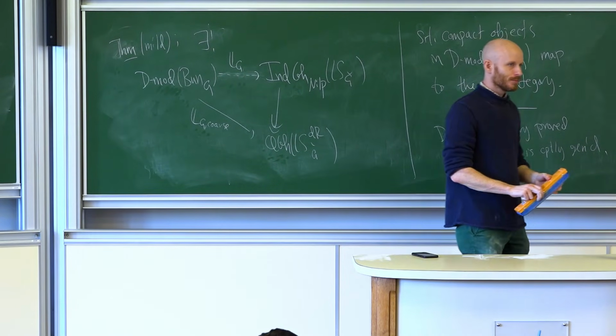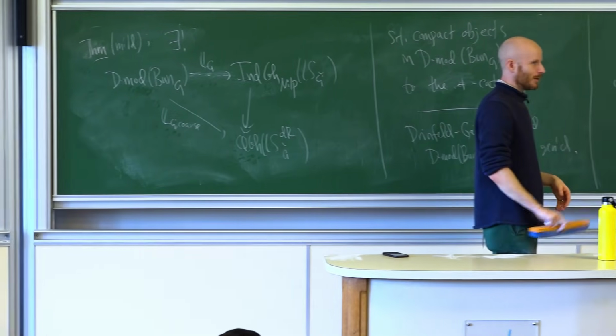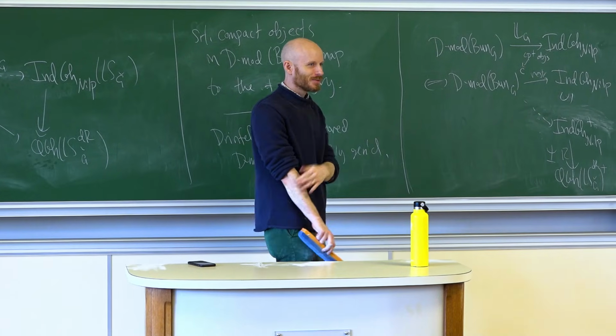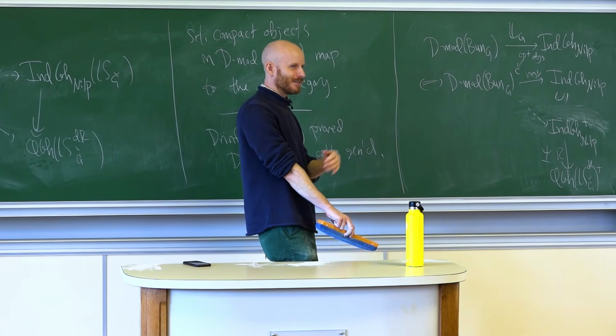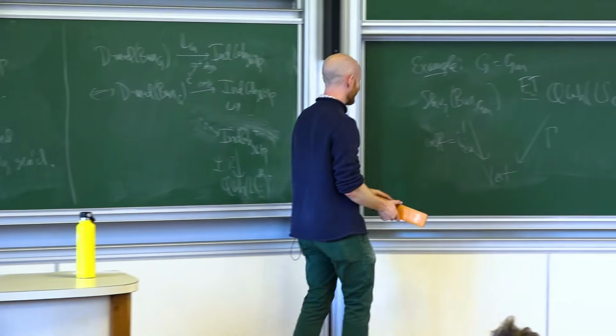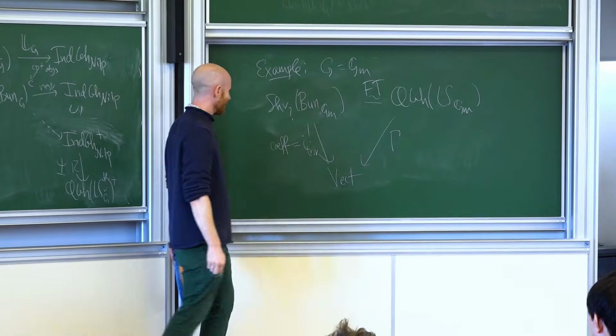Sam, I'm sorry, could you remind me what the plus means? Eventually co-connective objects. Eventually co-connective, thank you. Yeah, so cohomologically bounded from below, finitely many homology.